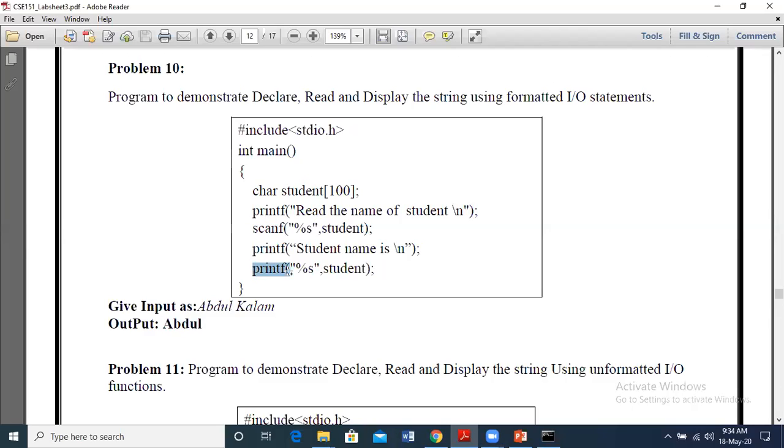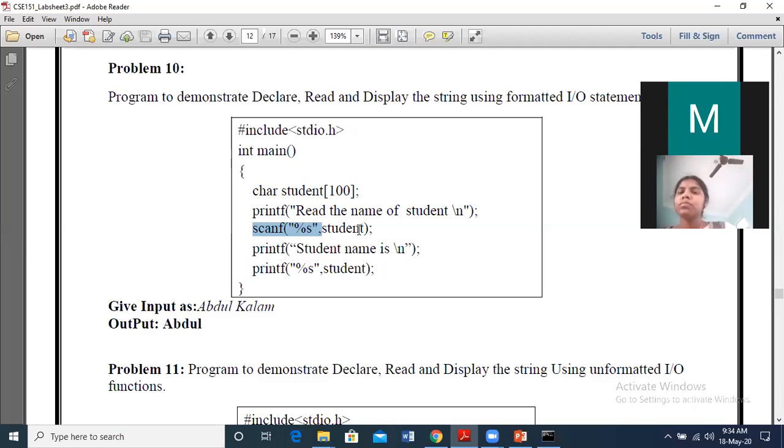So what is the format specifier for a string? Percentage F. Very good. Percentage S is the format specifier for a string. So while taking input, we have to note: scanf, percentage S is the format specifier, comma. We are not giving the ampersand. That is one important thing, because the name of the string itself acts as the address.